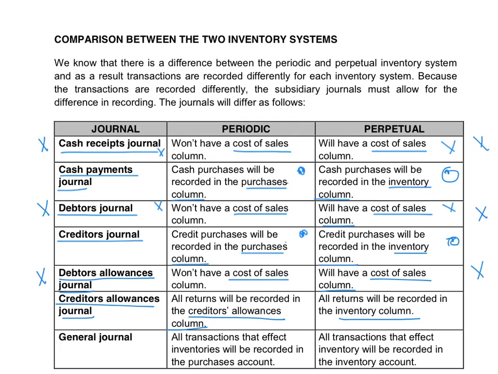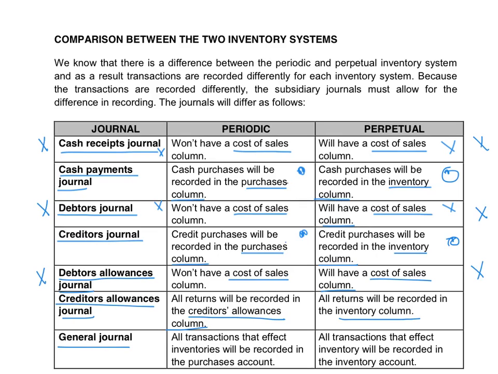If we look at the general journal, all transactions that affect inventories will be recorded in the purchases account. If the entry does not fit into any of your previous journals, you have to record it in the general journal. So if the owner takes goods for their own use, it will be drawings and purchases.